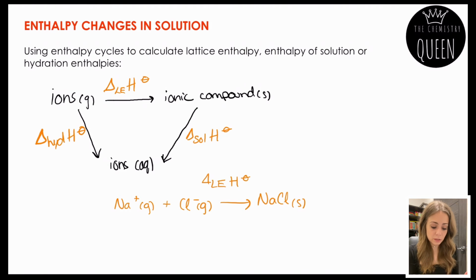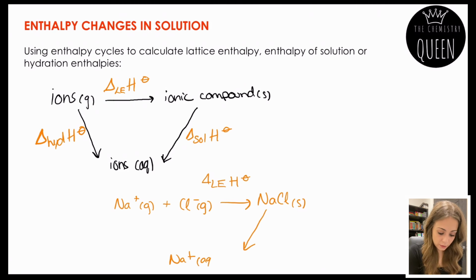So there's the equation that represents the lattice enthalpy of sodium chloride. I'm then going to show the equation for the enthalpy change of solution of sodium chloride. So we take the compound, we dissolve it in water to form aqueous ions. So there's the equation that represents solution.